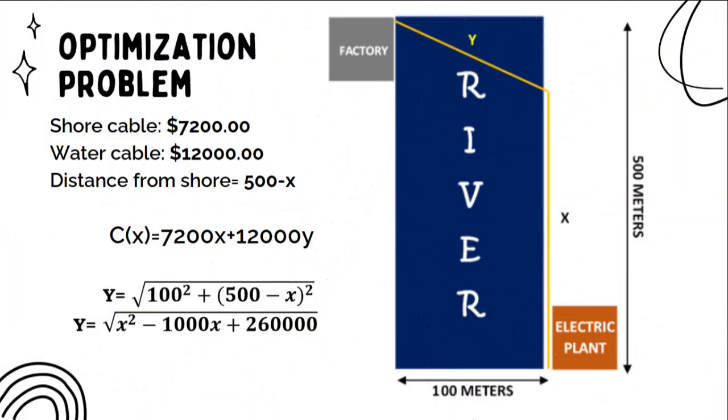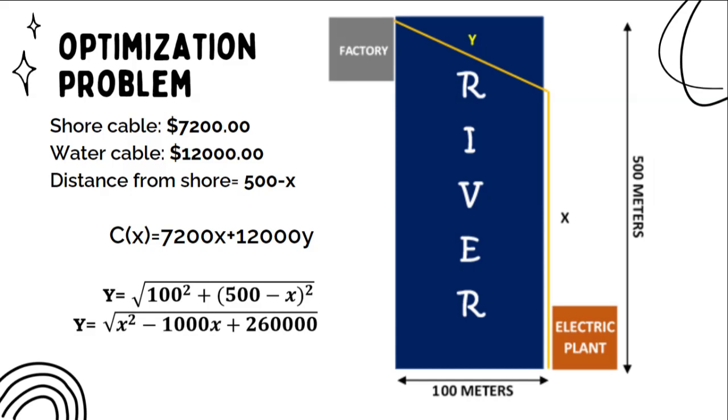Now the optimization problem. The problem is that there is a river of 100 meters, and there is an electric plant on one side of the river, and 500 meters along the river on the other side there is a factory.